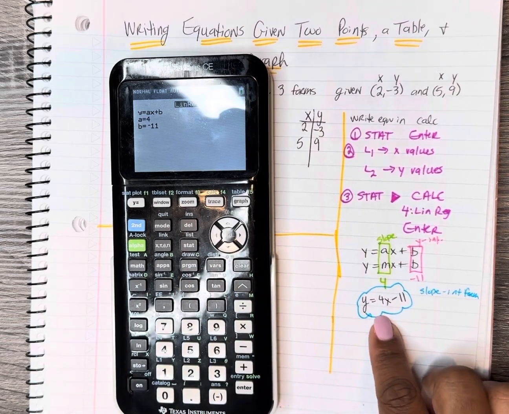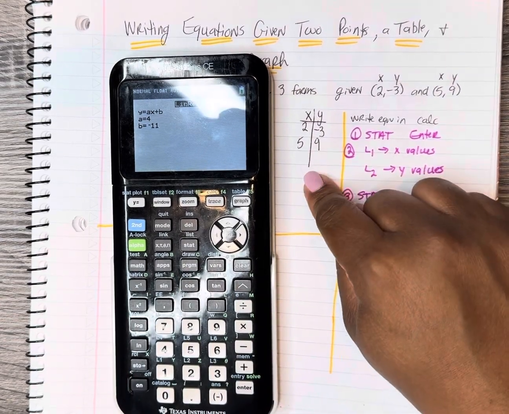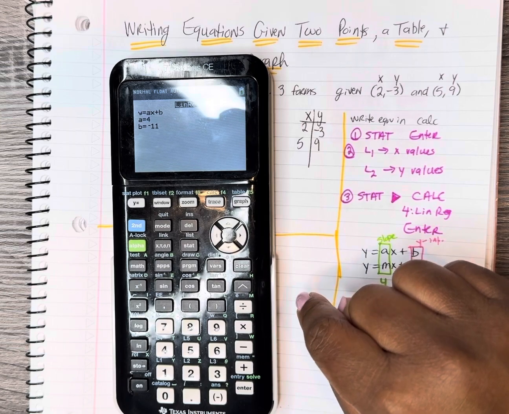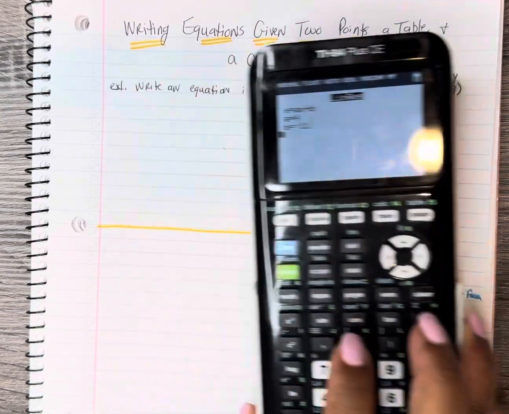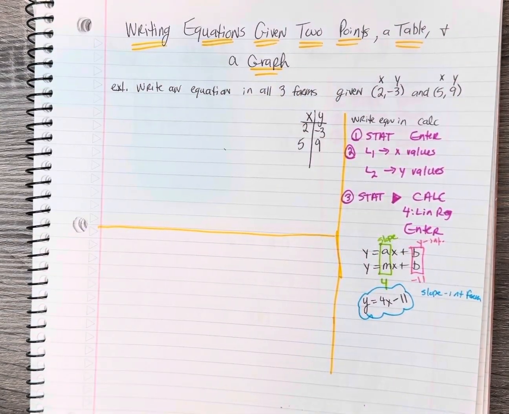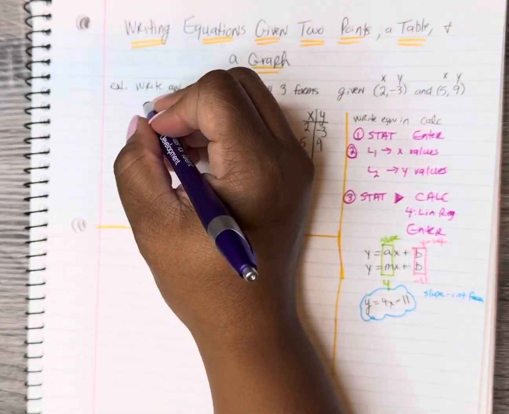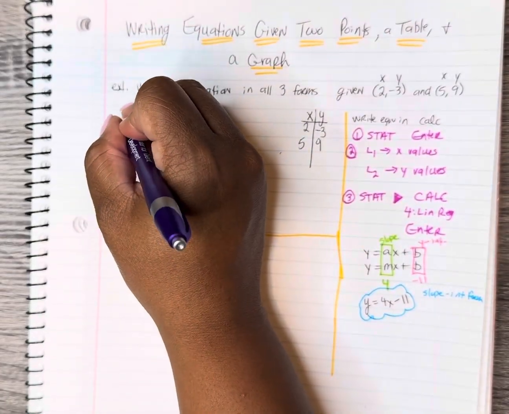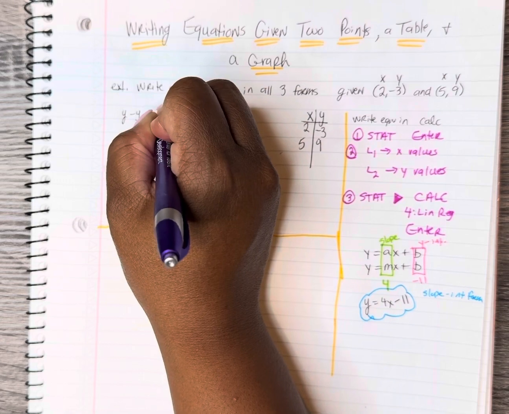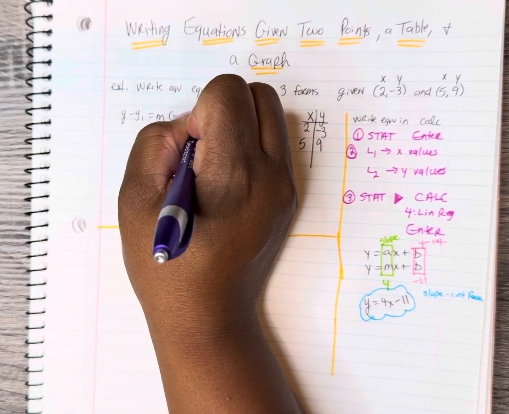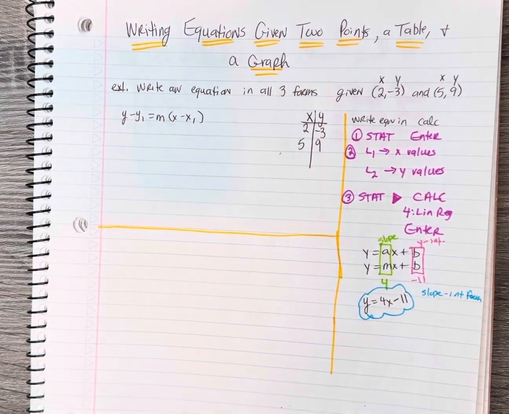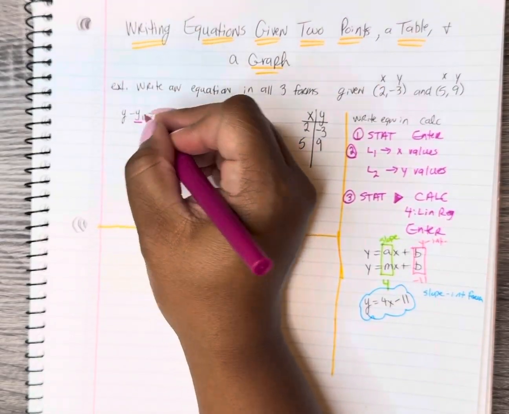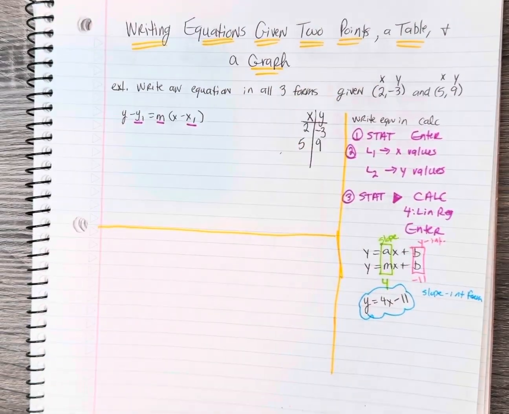And we're going to use this to help us with writing our point slope form and our standard form, okay? So let's keep going. When we look for the point slope form, don't forget that's y minus y1 equals m times x minus x1. So what we're filling in is the y1, m, and x1.